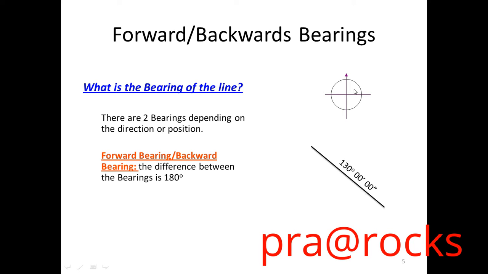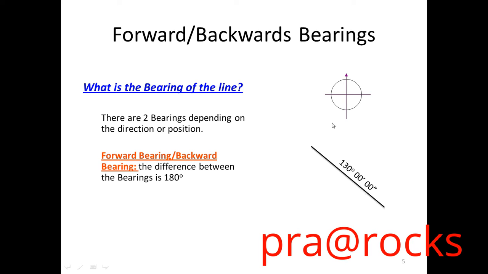When we look at this, this is usually called the compass rose in surveying. Other subjects would refer to it as the Cartesian system or the rectangular coordinate system. When we look at the line, there are two positions on the line. We have the higher position and the lower position in this case.